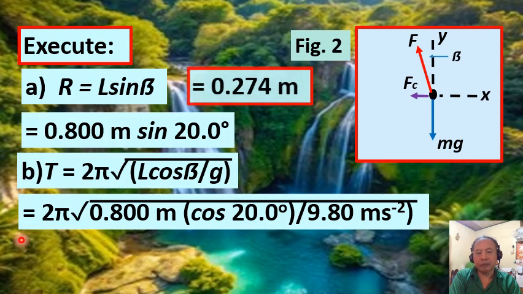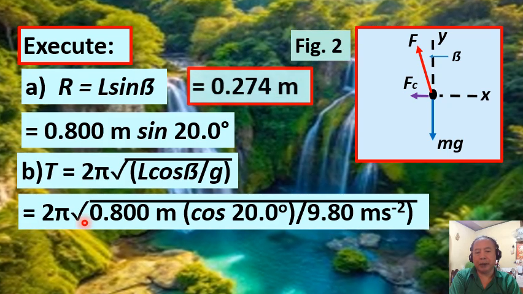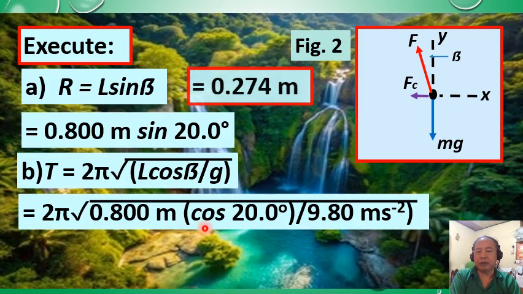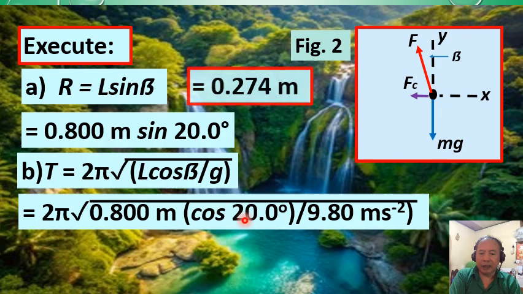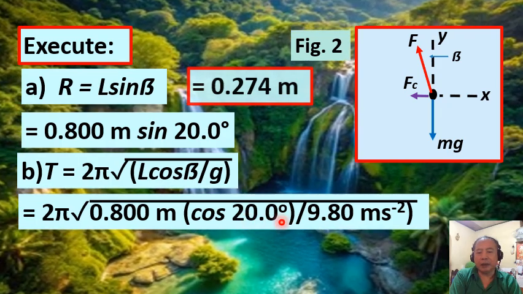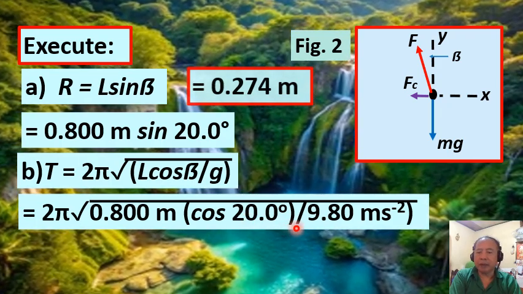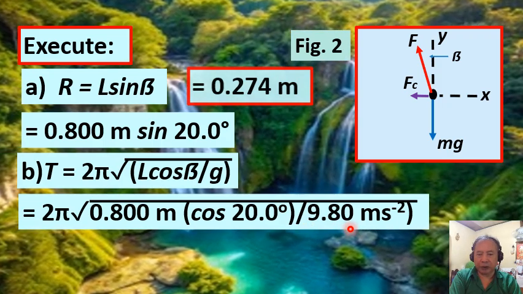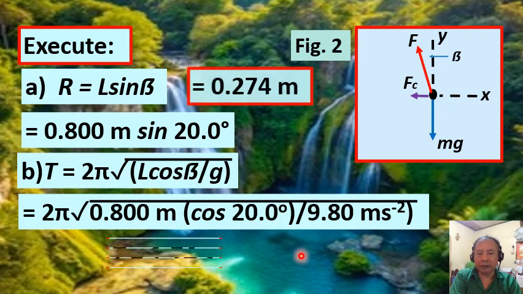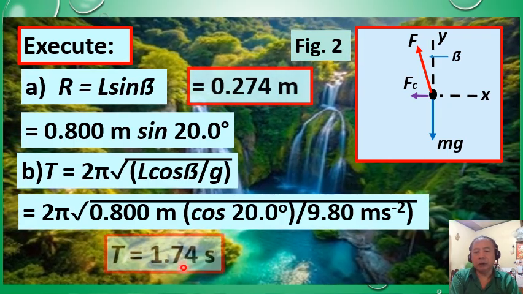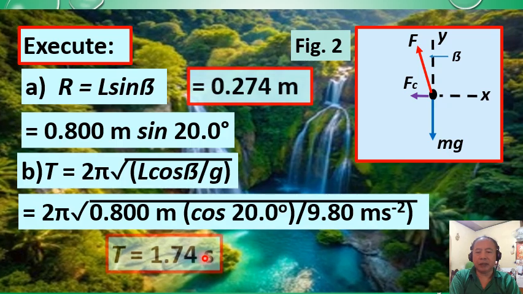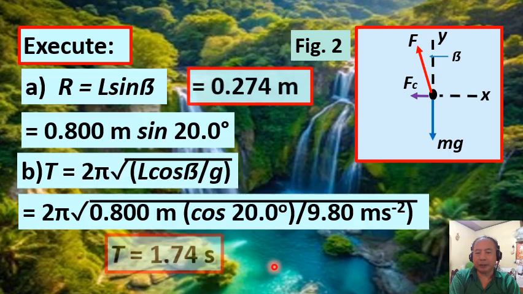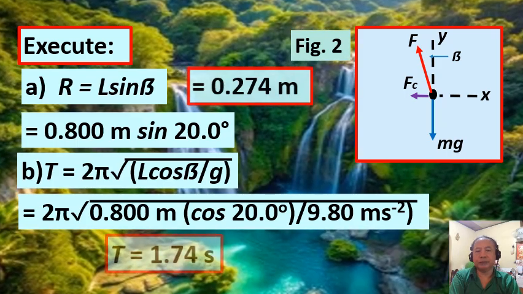That is, the period capital T equals 2 pi multiplied by the square root of 0.800 meters multiplied by cosine of the angle 20.0 degrees and then divided by 9.80 meters per second squared. Doing our math, we get the value of the period capital T equal to 1.74 seconds, also rounded to 3 significant figures.